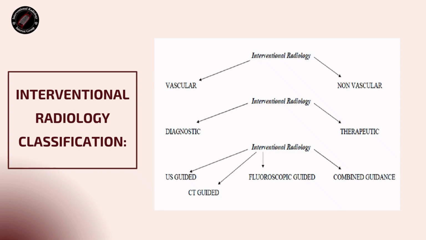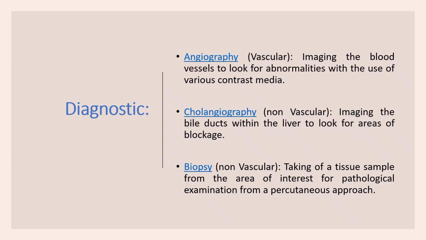Interventional radiology classification can be according to whether they are vascular or non-vascular procedures, diagnostic or therapeutic procedures, or according to the image guidance, which is ultrasound, CT, fluoroscopy, or combined guidance. For the diagnostic procedures, for example, I can quickly talk about angiography.